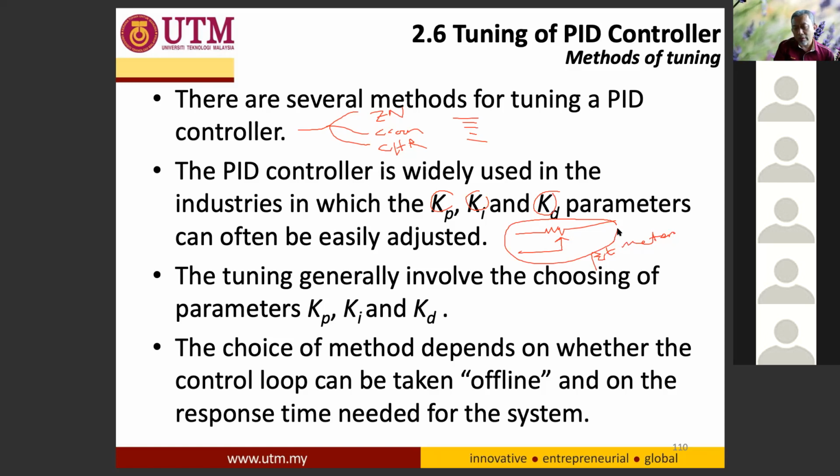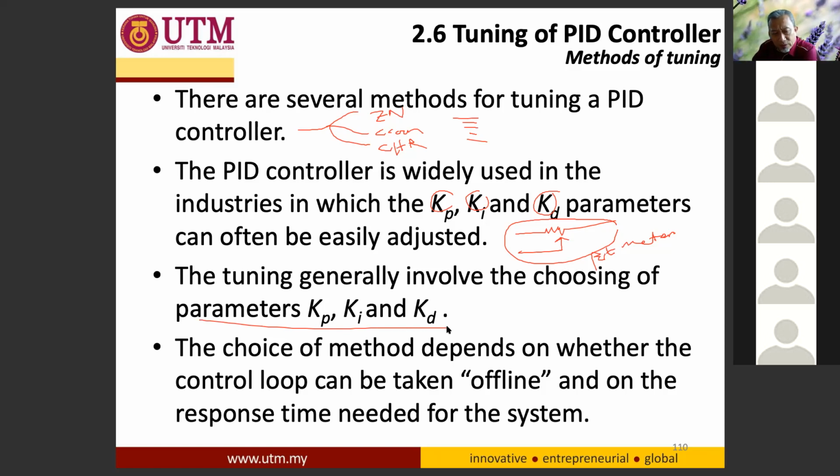Maybe the minimum is 0 and the maximum is 50. So you adjust the knob of the KP, KI, and KD in order to achieve the right gain values. The tuning generally involves choosing the correct parameters KP, KI, and KD.